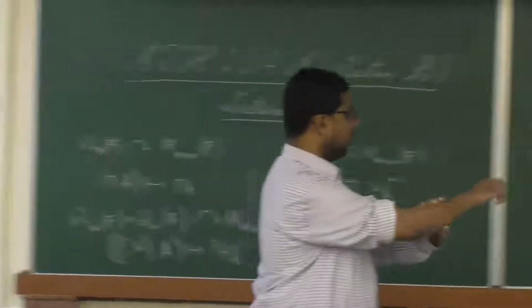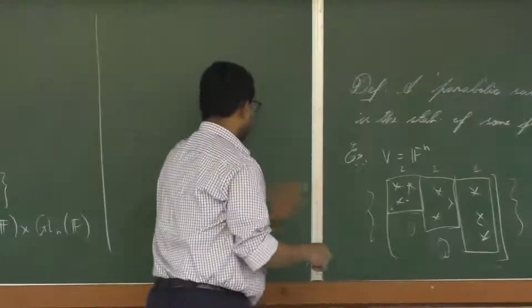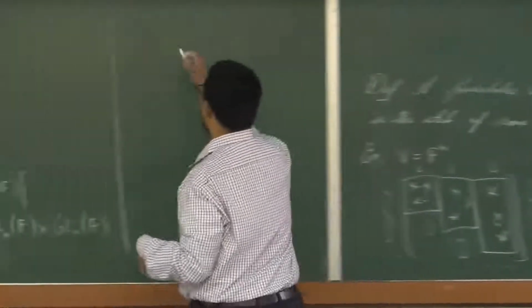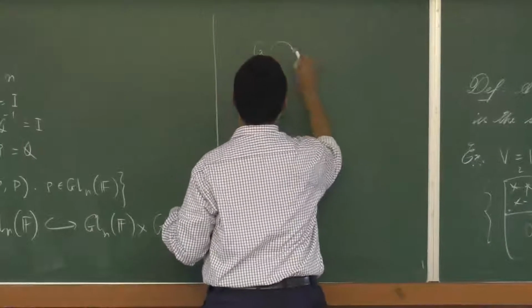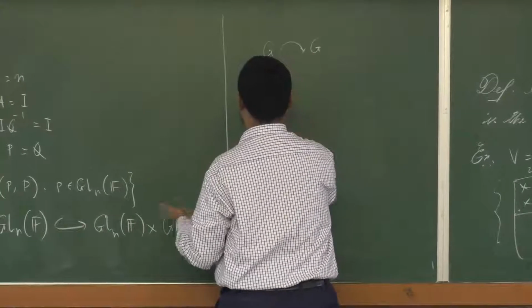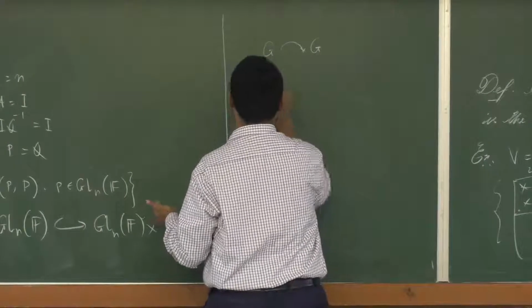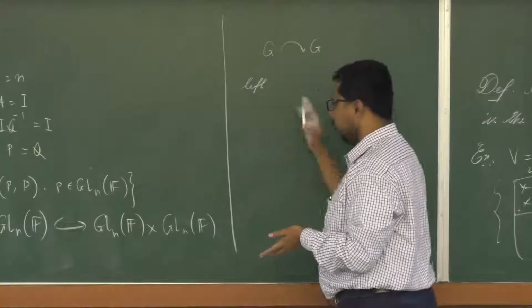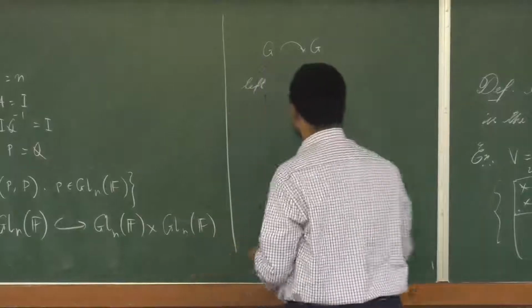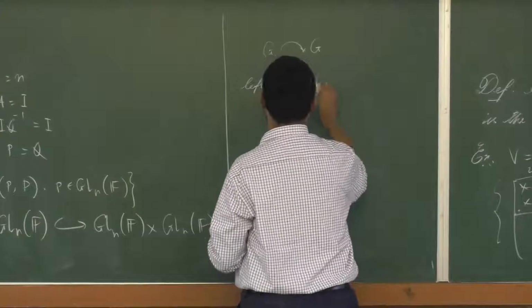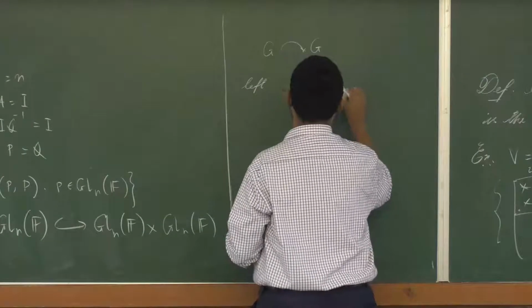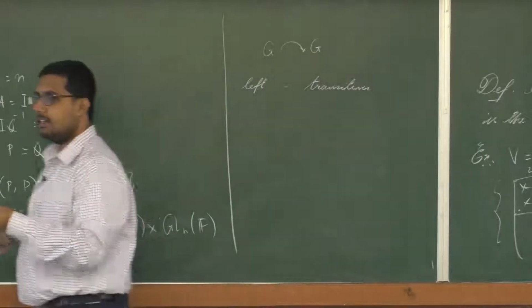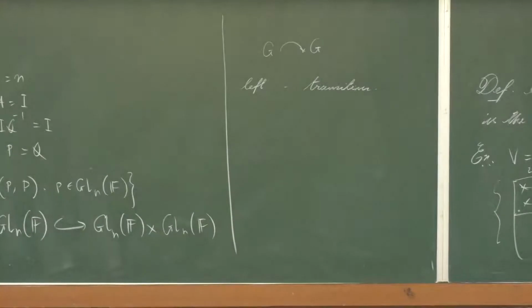Now let me move towards actions of any group on itself. So any group G acts on G. There are three ways for that. First one is, let's consider the case of left multiplication. It's easily seen to be transitive, in fact we have already seen, and the stabilizer of any point is easily seen to be trivial.